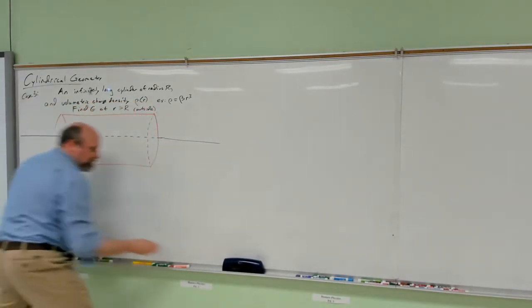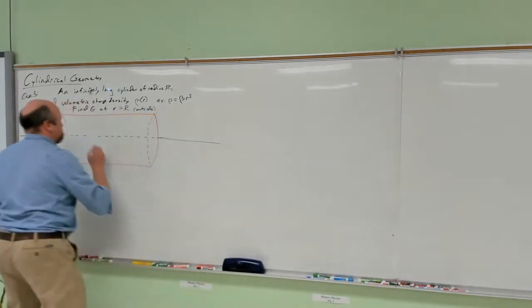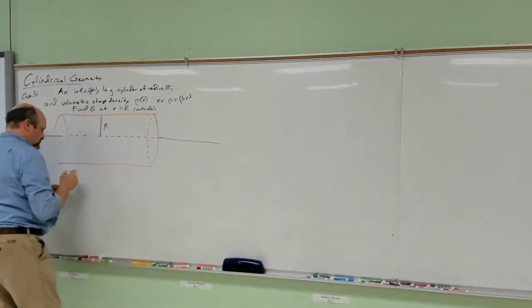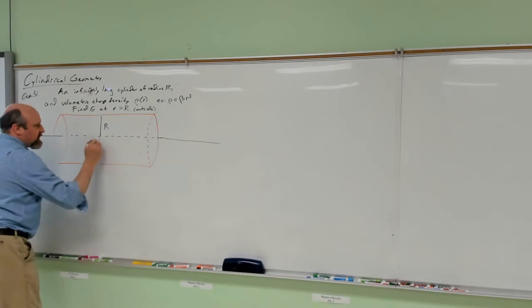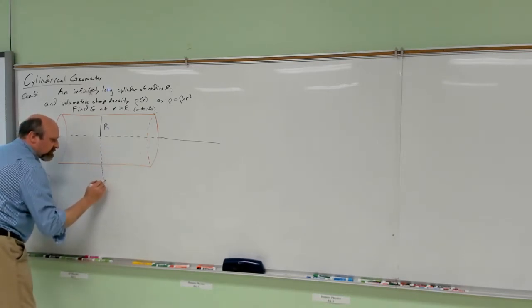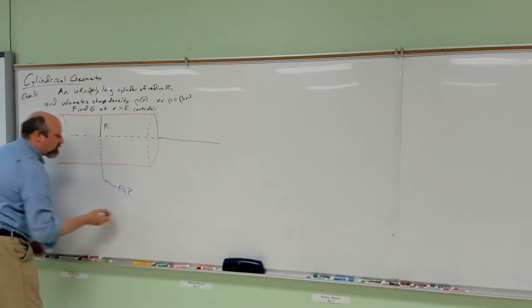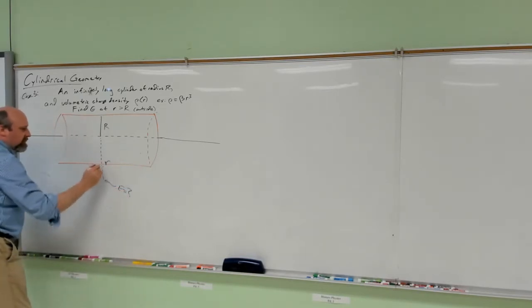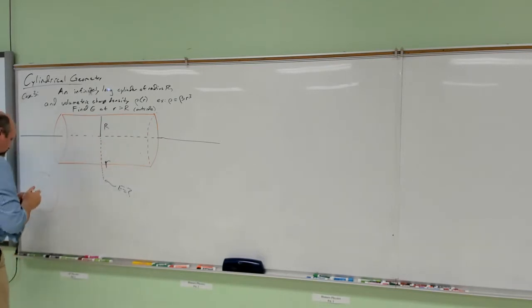We've got a radius big R, and we're trying to find the E field strength outside, right there. What's the E field strength at that point, where little r is bigger than big R? So on this diagram, which is like the end view, here's big R, and I'm trying to find my E field strength here, at little r bigger than big R.